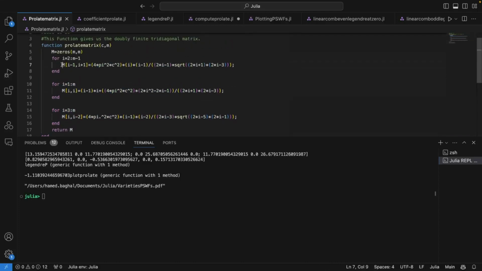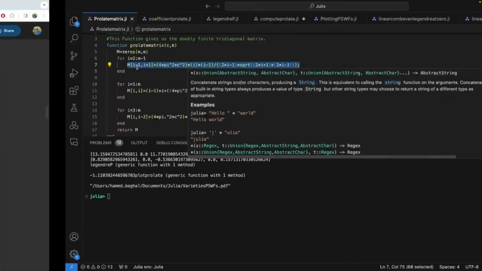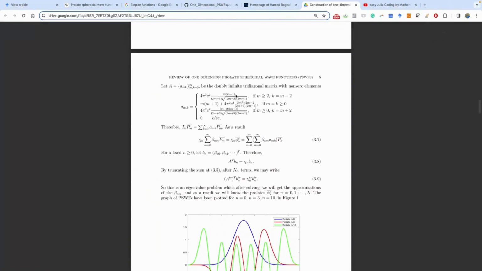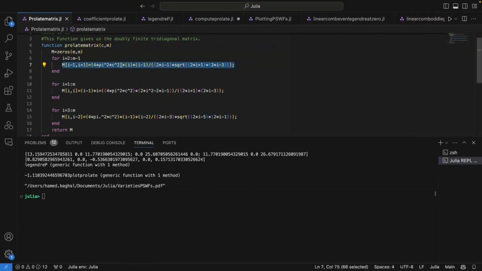This formula comes from this matrix here, m times m minus 1, and it is exactly here, i times i minus 1.